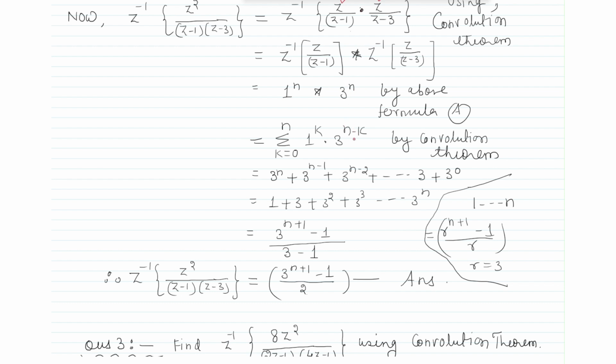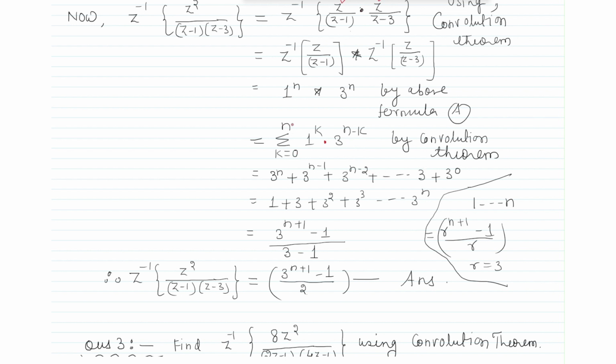Just replace here n by n minus k and use a dot, because this is a simple product now. So now we use the summation from k equals 0 to n. If we put k equals 0, 1 to the power 0 is 1, and here this will be 3 to the power n. If we put k equals 1, we will get 3 to the power n minus 1, plus 3 to the power n minus 2 if we put k equals 2, and so on.